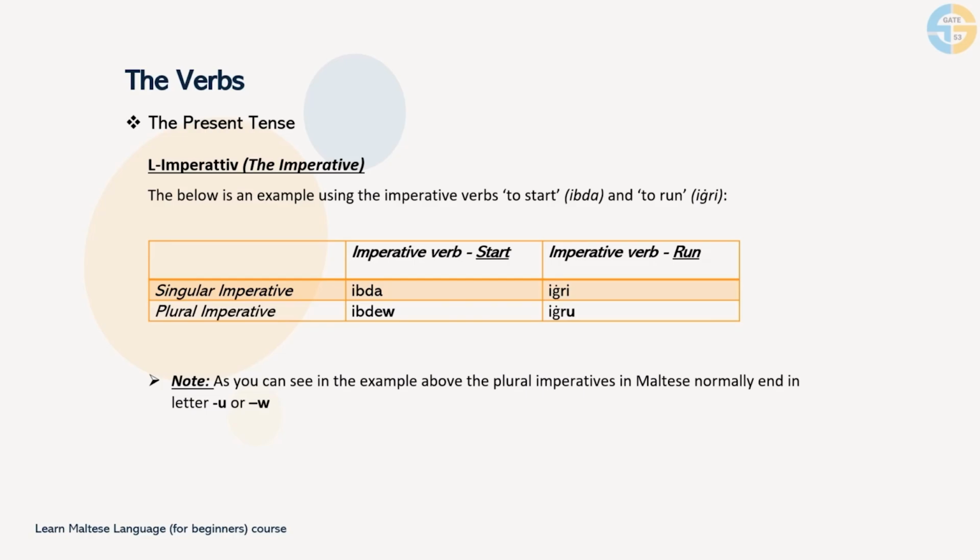So I'm asking them to run. Note, as you can see in the example above, the plural imperatives in Maltese normally end in the letter U or W. Like the plural ijru, it ended with the letter U.